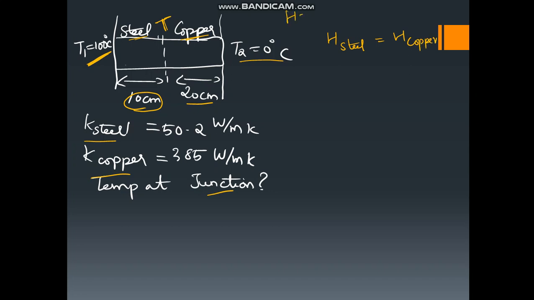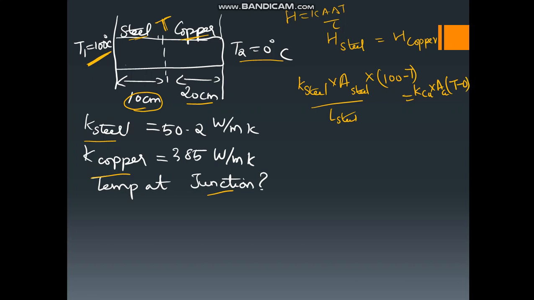The H formula is KA delta T / L. So K of steel into area of steel into delta T, which is 100 minus T (the temperature at the junction), divided by the length of steel, is equal to K of copper into area of copper into T minus 0, divided by the length of copper.